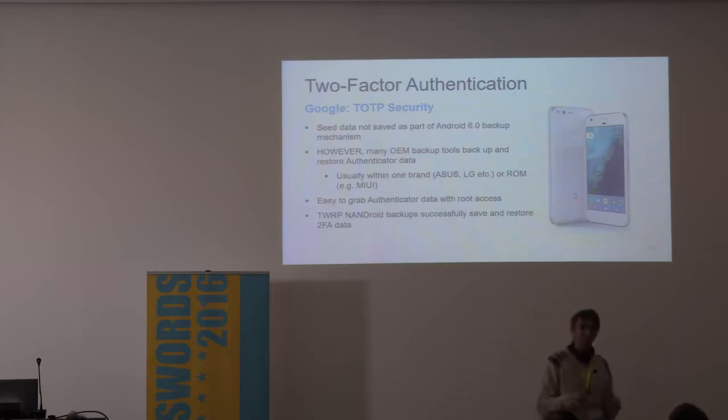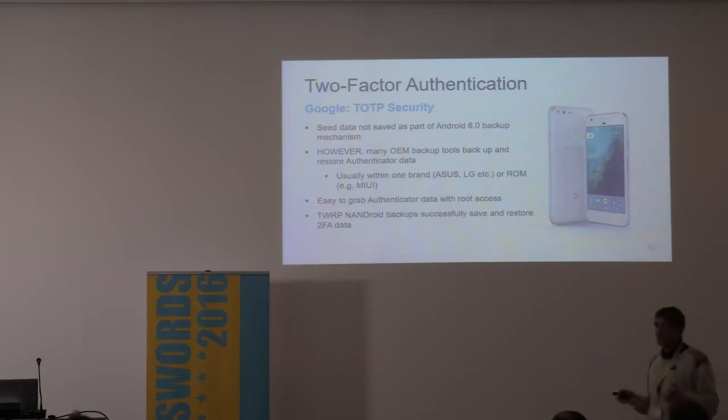If you don't have root access, but the device comes with an unlocked bootloader, which is the case for many MediaTek phones, all of them come with unlocked bootloaders that cannot be locked by the user, then you may be able to boot into a custom recovery and still extract Authenticator app data and use that to initialize a new authenticator.